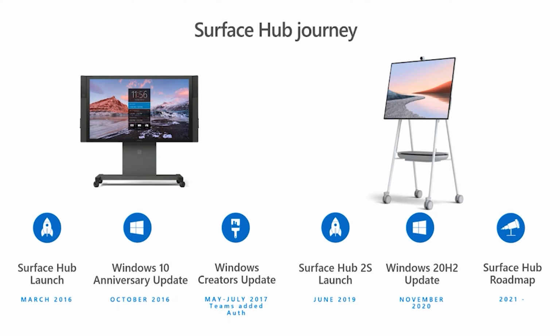But it also gave us the advantage, and we're going to see why this is an advantage through this presentation, that we were now starting to use the same hardware components, the same processors, the same graphics chips, the same memory chips, the same BIOS or UEFI that we are using across the rest of our Surface platform. So it really allowed us to start bringing this device from this sort of niche device created by a sub company within Microsoft into the mainstream.